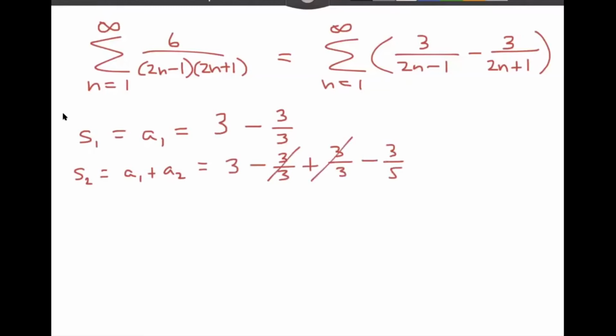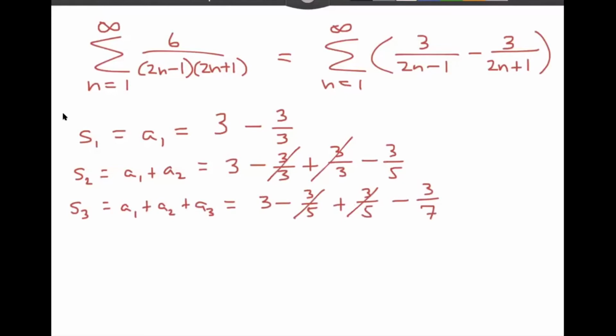So those terms would cancel. Third partial sum would be A1 plus A2 plus A3. And that would be the previous partial sum plus 3/5 minus 3/7.